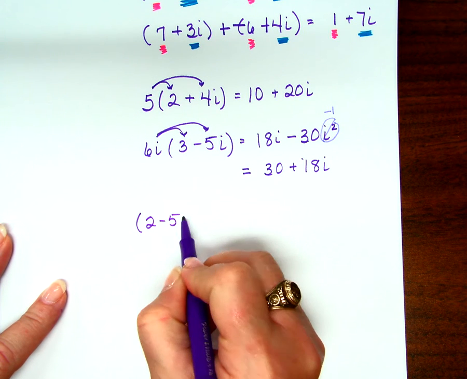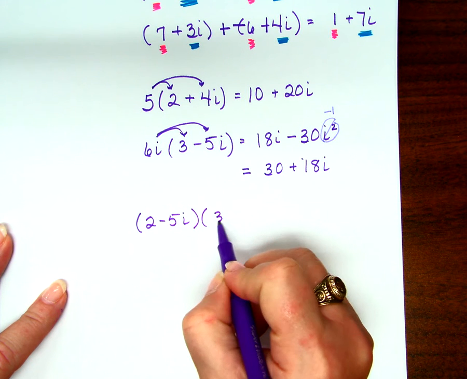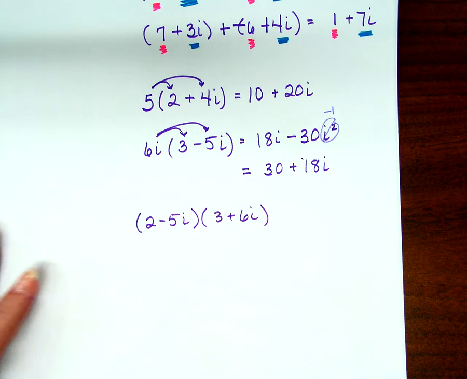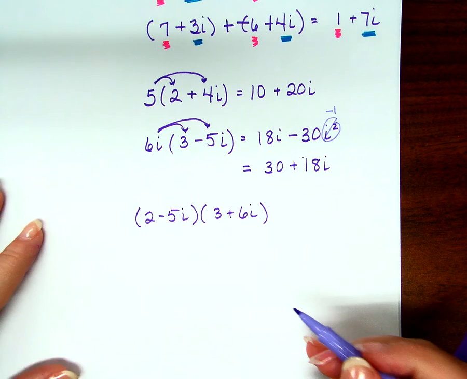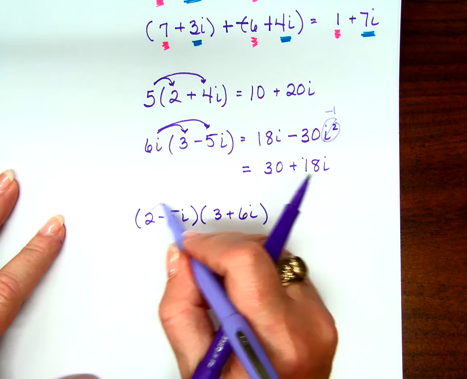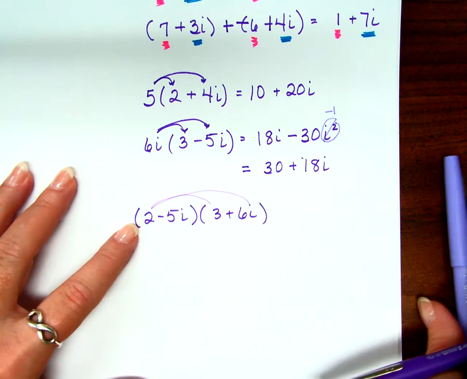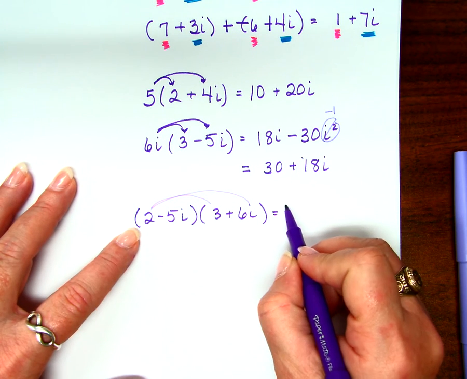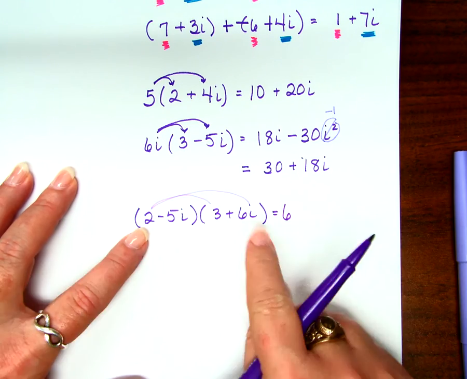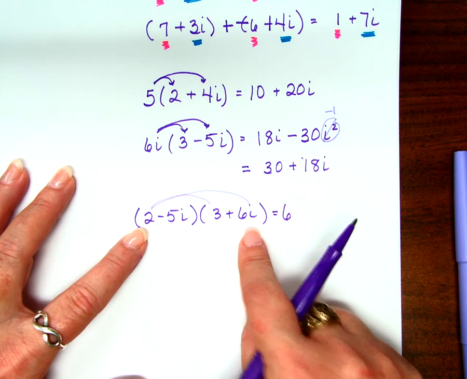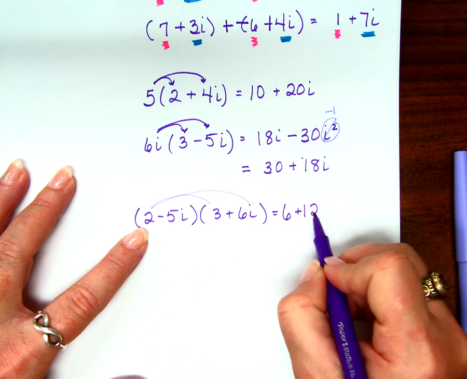2 minus 5i times 3 plus 6i. What do I do? Distribute. What's 2 times 3? 6. What's 2 times 6i? 12i.